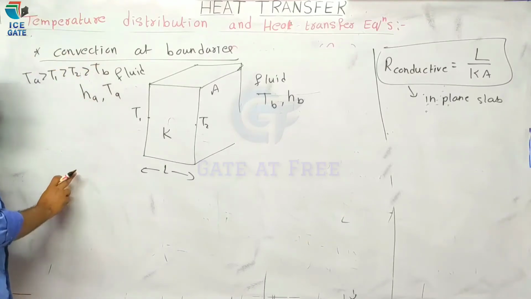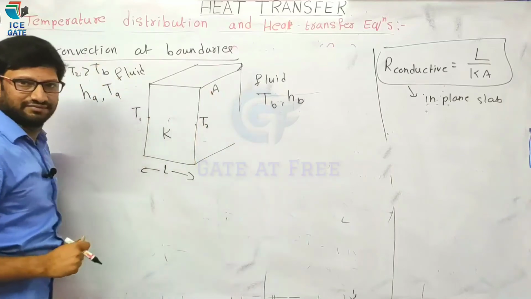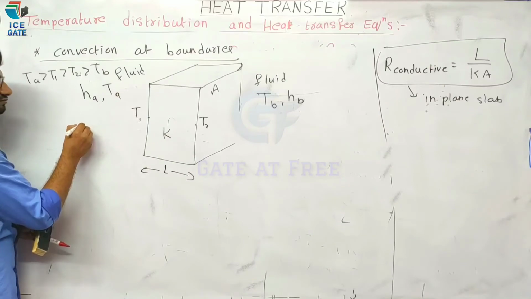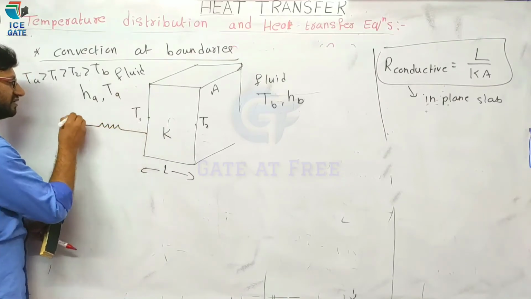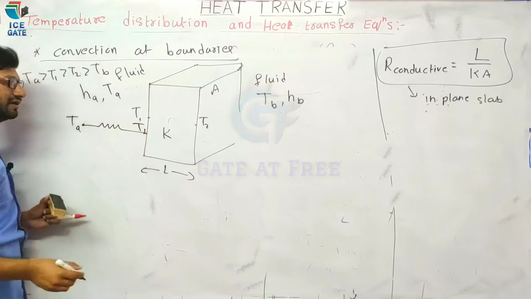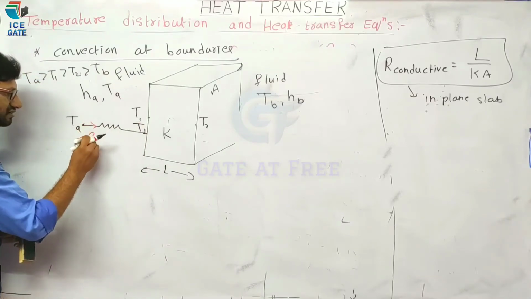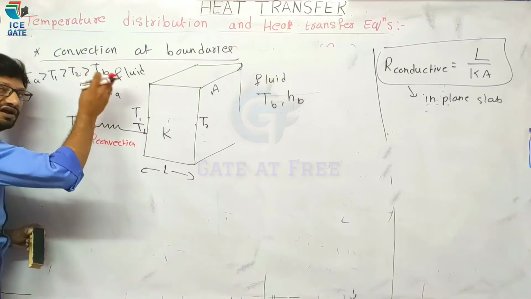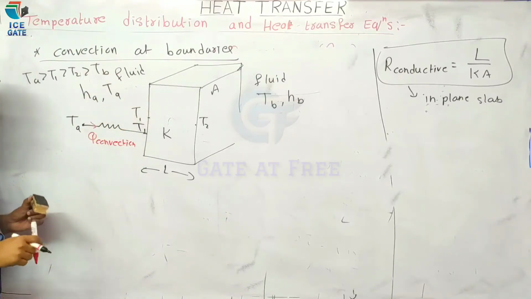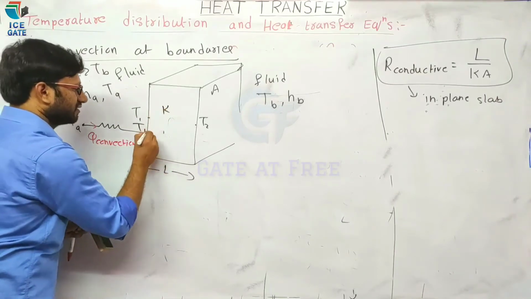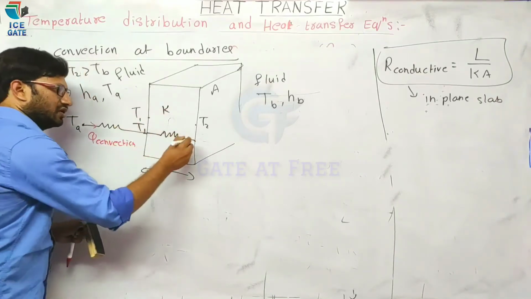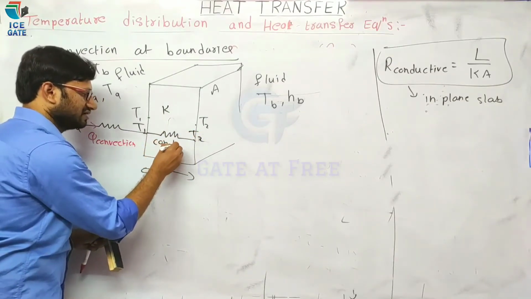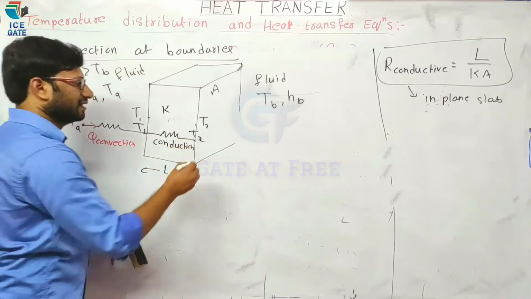Now the heat flow takes place from TA to TB. From TA to T1, the mode of heat transfer is convection. From fluid to solid surface, the mode of heat transfer is convection. Next, through the solid in the plane slab, from T1 to T2, the mode of heat transfer is conduction.